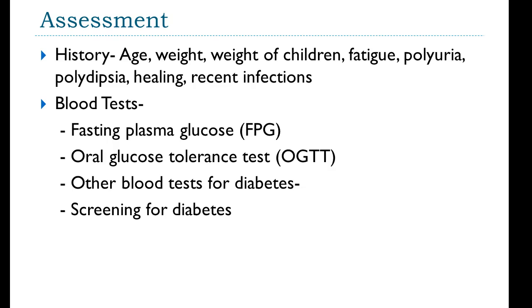So this is what we call an oral glucose tolerance test, and how we interpret these findings: normally it would be under 140 milligrams per deciliter, and when we talk about impaired glucose tolerance test results, that would be any result within 140 to less than 200 milligrams per deciliter, and any level or results over 200 would indicate a provisional diagnosis of diabetes.